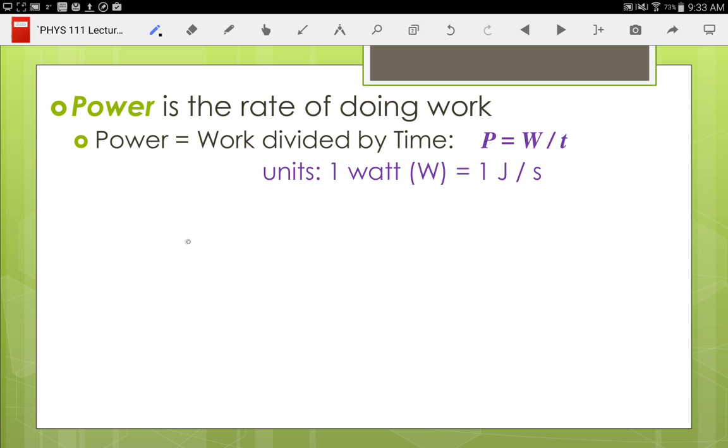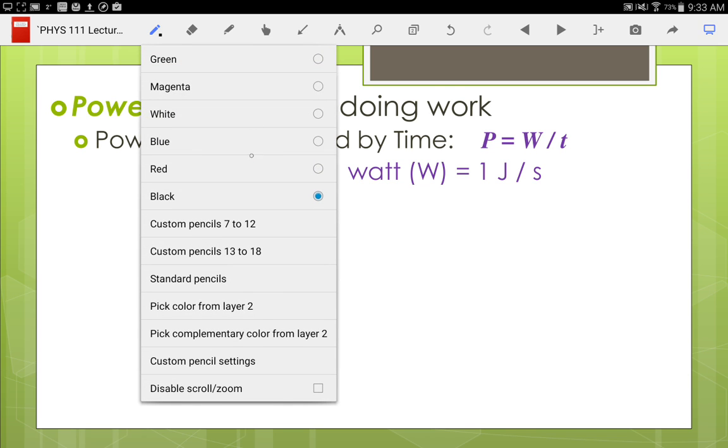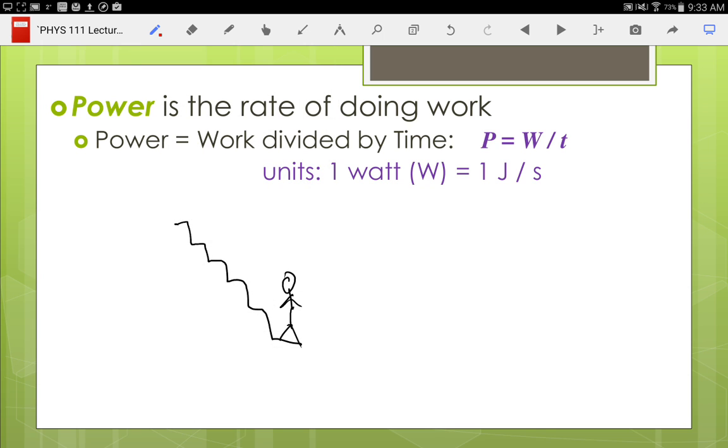If you're going up the stairs, so here you are, what forces are acting on you? Okay, gravity, and that points downward. What else? Force normal, and that acts upward.